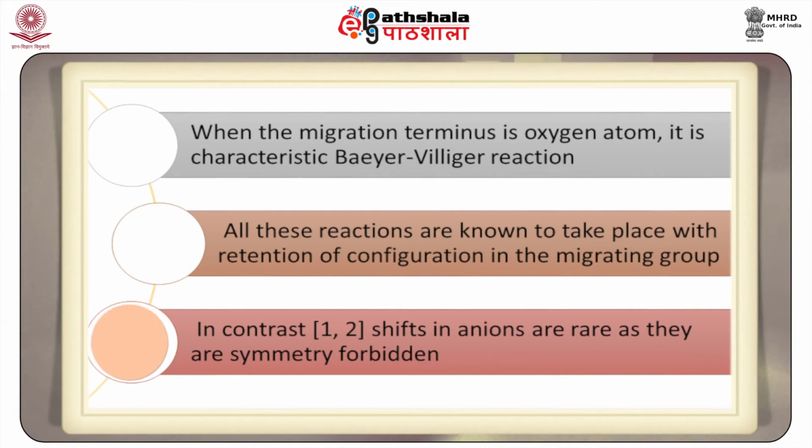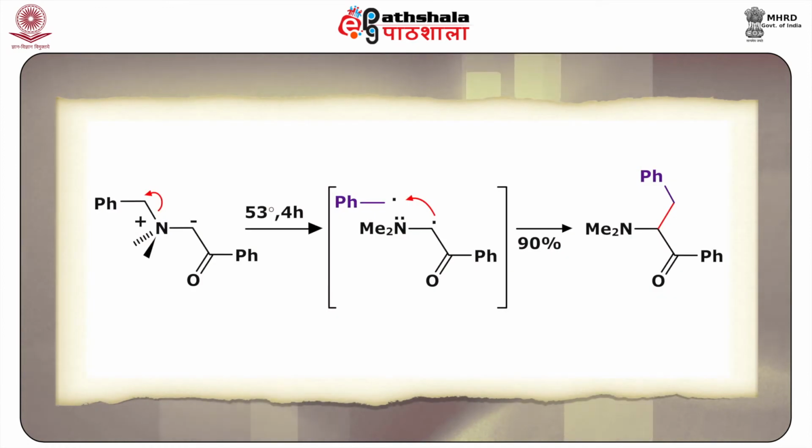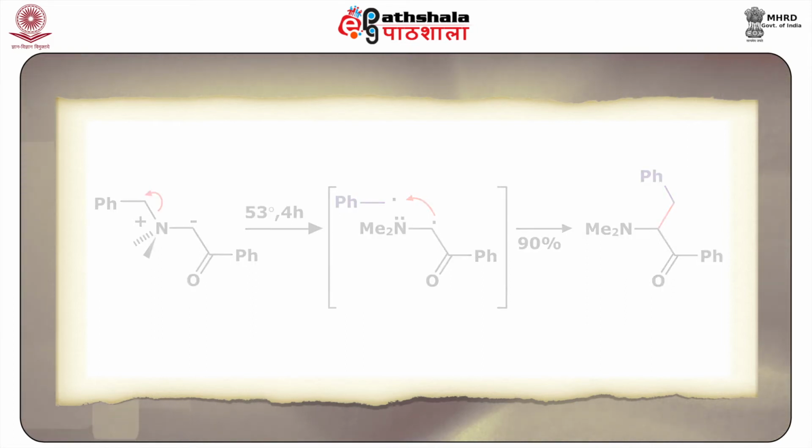In contrast, 1,2 shifts in anions are rare as they are symmetry forbidden. In the Stevens rearrangement, a 1,2 shift reaction occurs in an anionic substrate as shown.